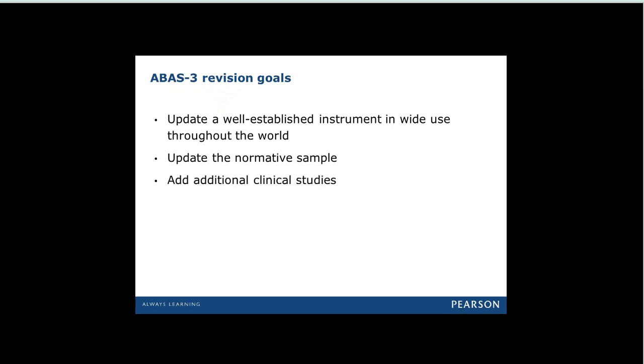We also look at additional clinical scales if they're needed, and those are added as warranted. A big thing we look at is updating and modernising the items included, getting rid of any considered archaic and including any new items as necessary.